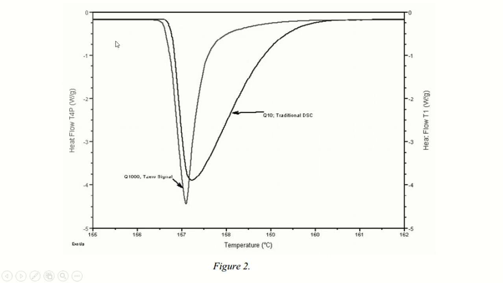Number one, flat and reproducible baselines. Number two, higher sensitivity. Number three, higher resolution. Number four, single run measurements of heat capacity. While number five is higher heating rate modulated differential scanning calorimetry.